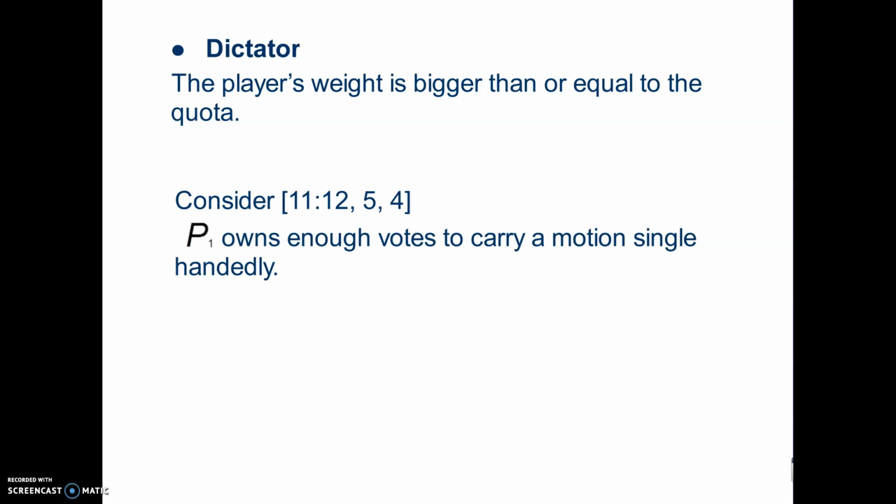A dictator is a player whose weight is bigger than or equal to the quota. So consider this weighted voting system. Notice here, my quota is 11. Player 1 has a weight of 12, which means whatever this player 1 says, goes.